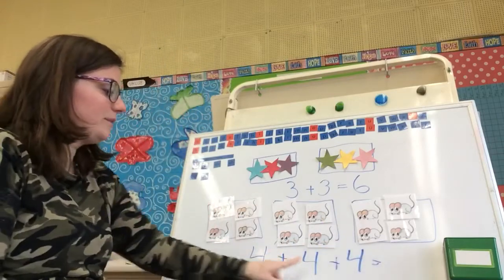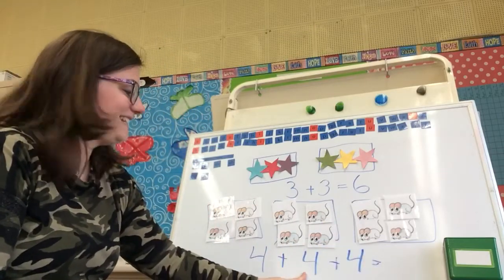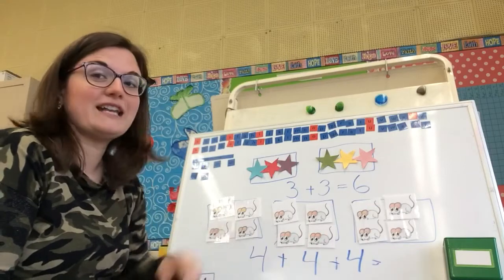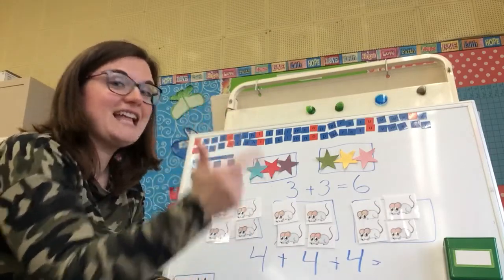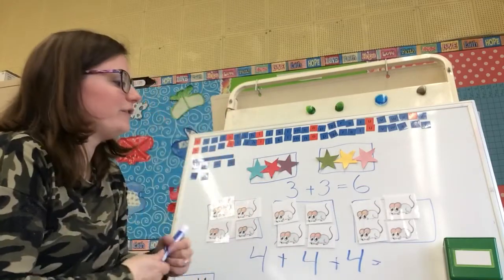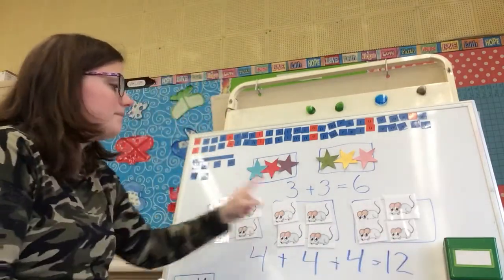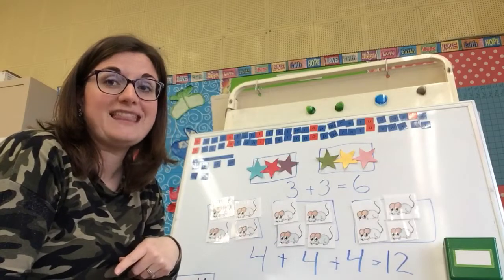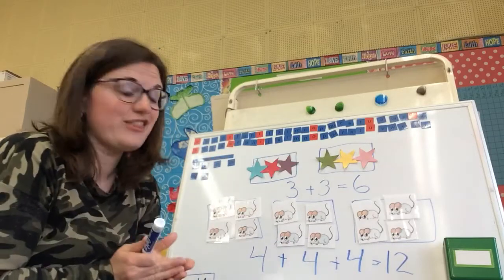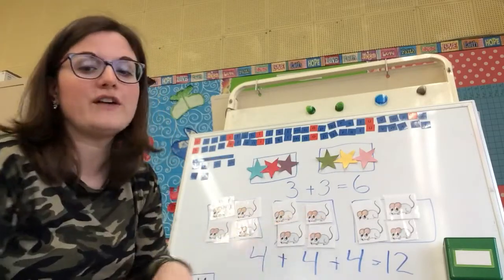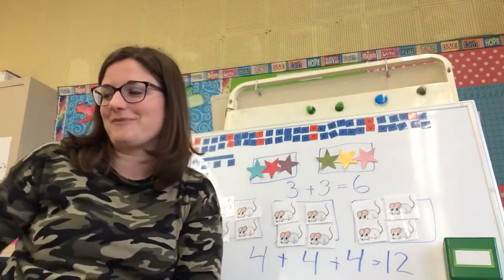So 4 plus 4 is 8, and then we add on 4 more: 9, 10, 11, 12. So we would say that there are 4 mice in each group, and if I asked you how many all together, there are 12 mice all together, okay?